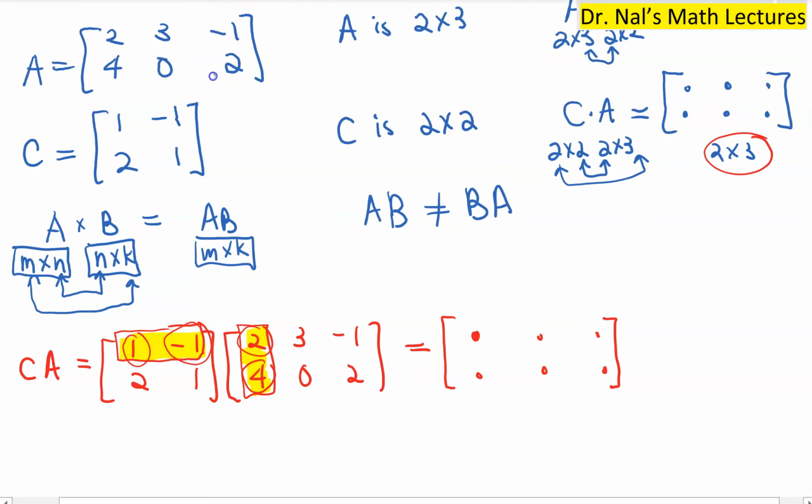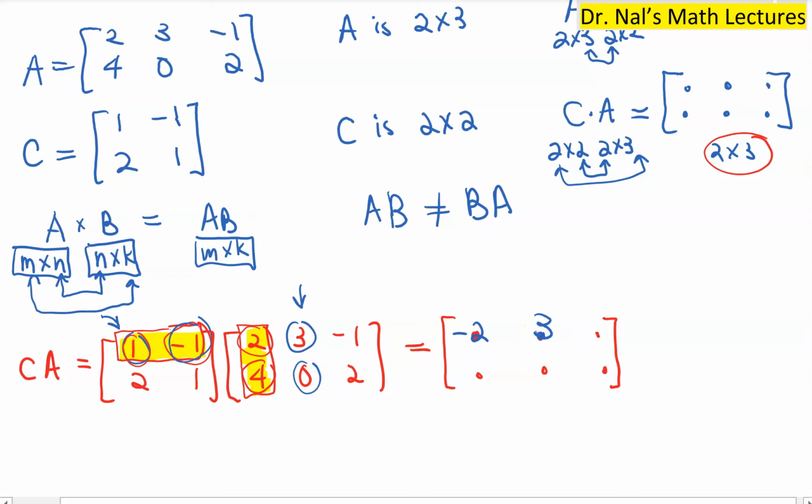So this entry would be minus 2. How about this entry? This is the first row, second column in the resulting matrix. So I need to multiply the first row with the second column. 1 times 3 is 3. Minus 1 times 0 is 0. 3 plus 0 is just 3.